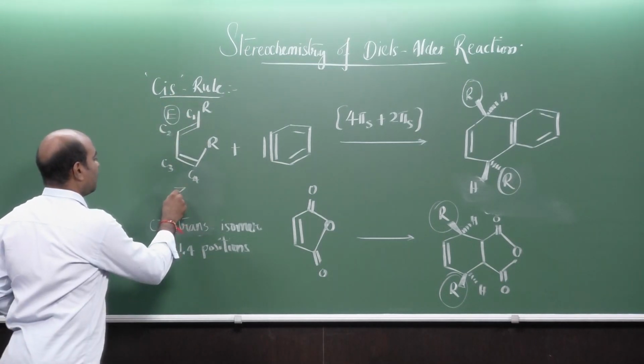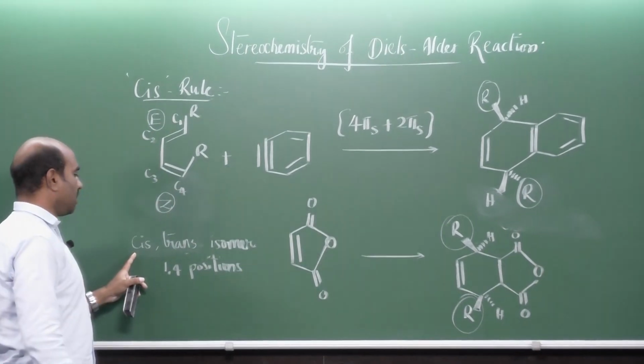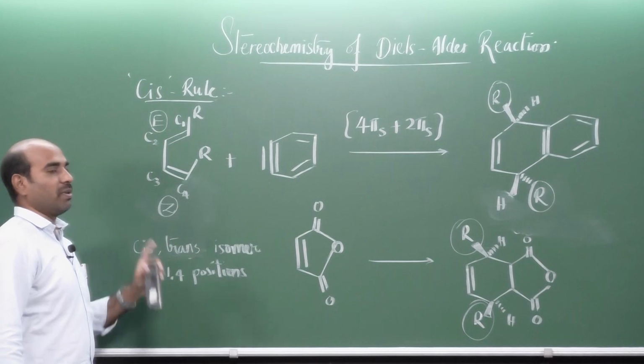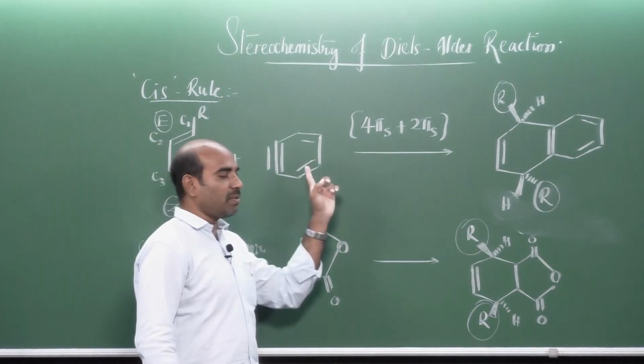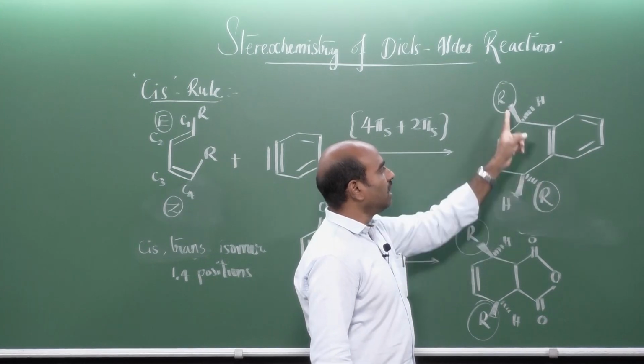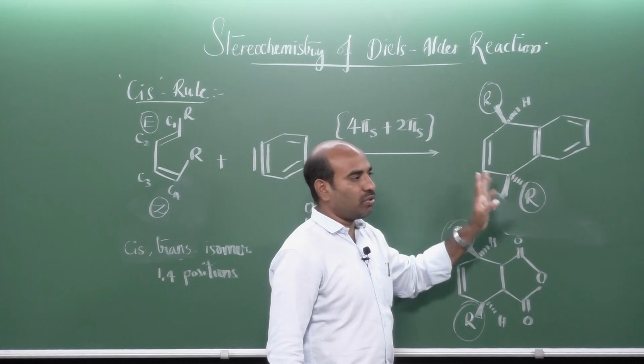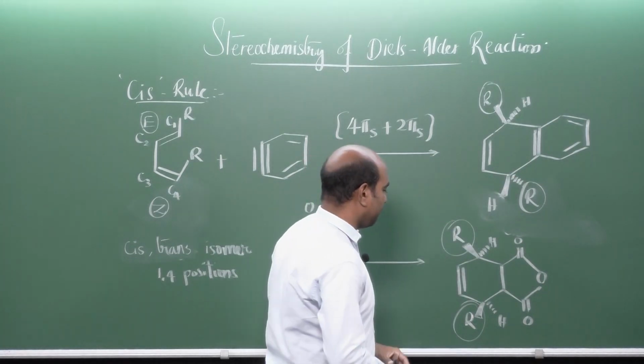So, this is cis stereochemistry here and this is trans stereochemistry, that is if the diene is a cis trans isomer, on reaction with the dienophile, the cyclic adduct will show you the trans relationship between the substituents at 1 and 4th position of the diene, right.